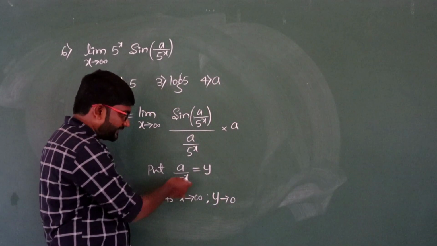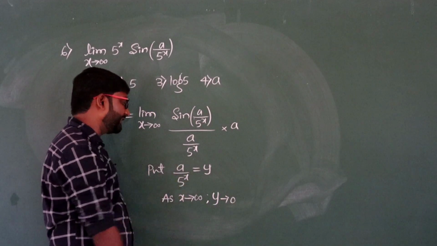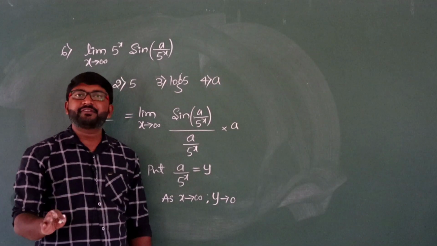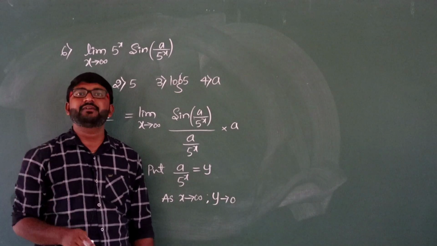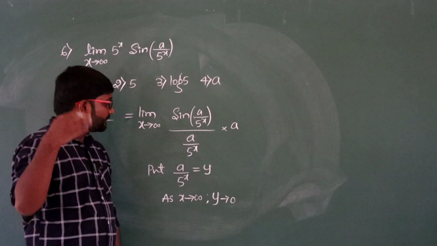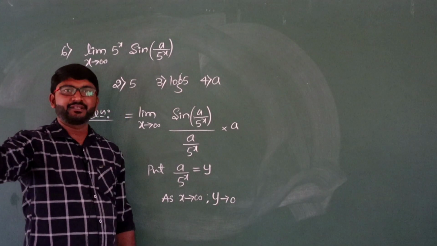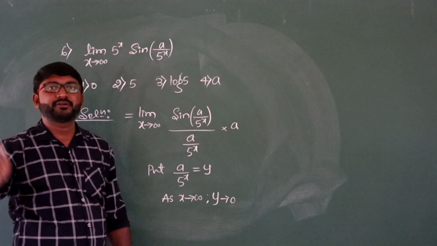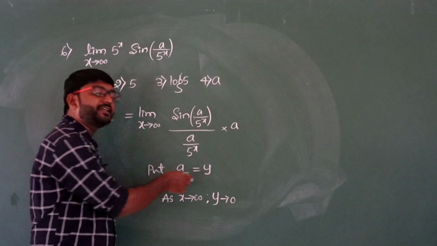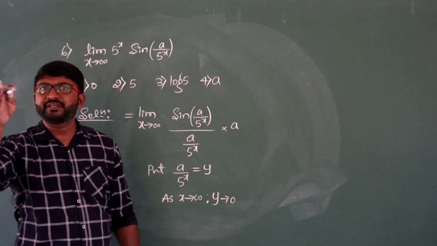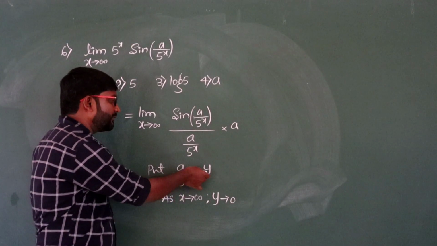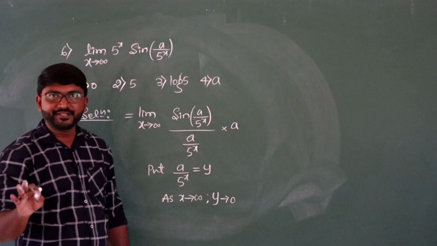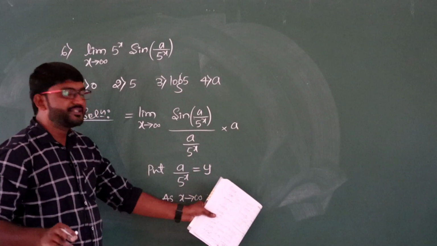X tends to infinity means we get 5 to the power infinity. 5 square will be 25, 5 cube will be 125, 5 raised to 4 will be 625. Now 5 to the power 1 lakh, 2 lakh, 3 lakh will be a huge number, a bigger number. So 5 raised to infinity is approaching infinity, the biggest number. So a by infinity will be 0. So that is why y equal to 0. As x tends to infinity, y tends to 0.